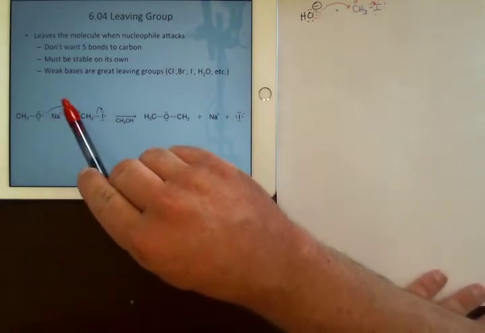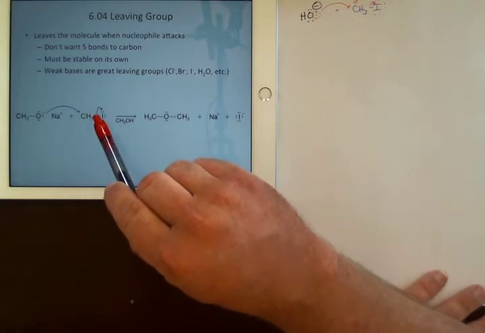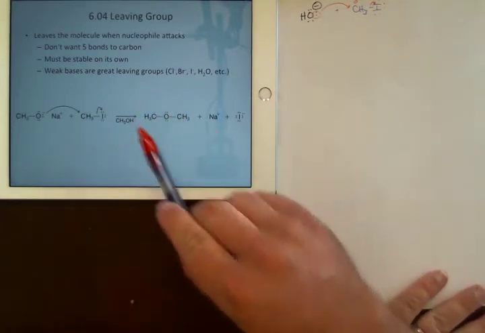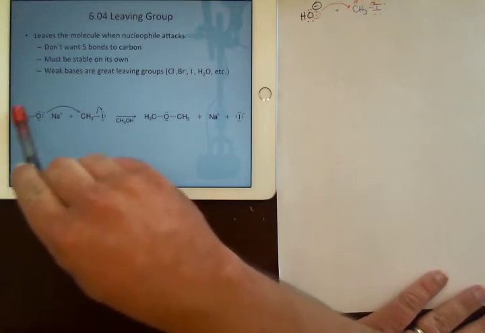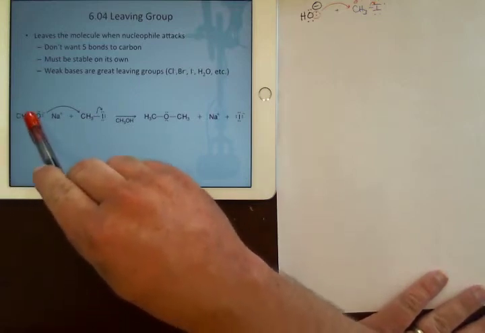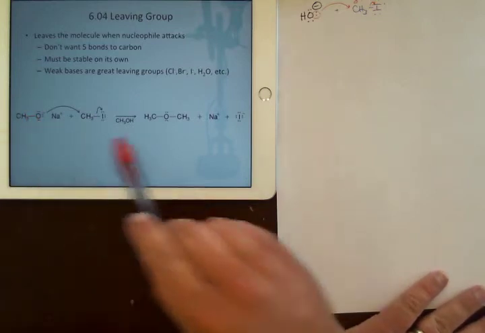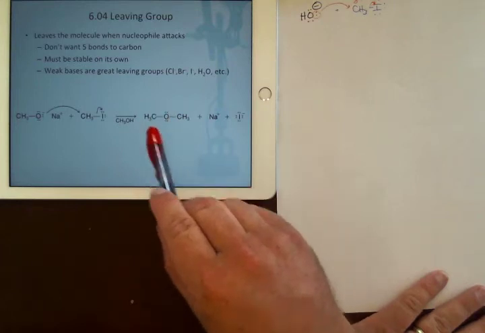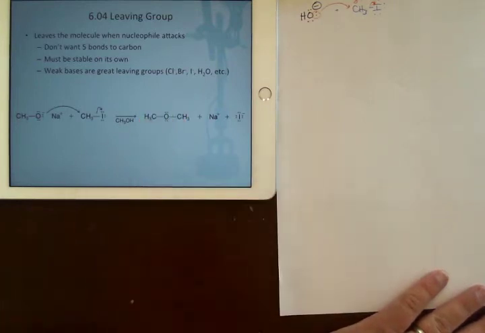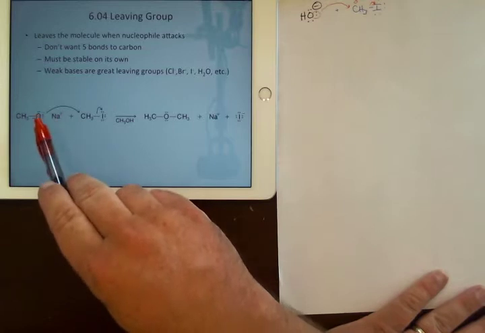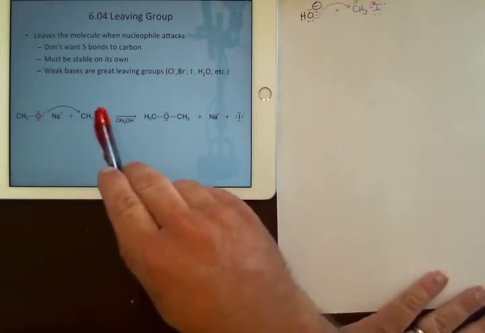So the nucleophile comes in and attacks, pushes that away, and you've made your new bond. We didn't do anything with the methyl, so it just comes along for the ride. I've had a lot of students over the years come in and just put an oxygen here.